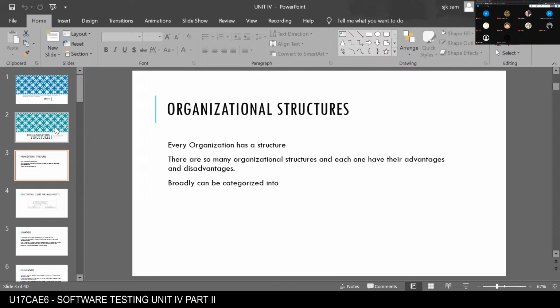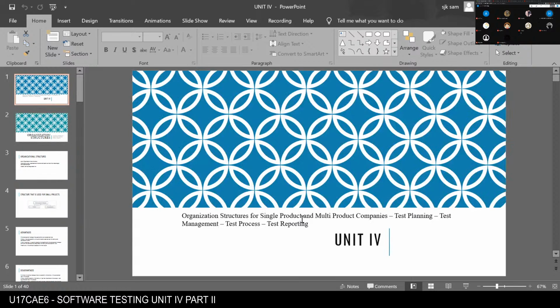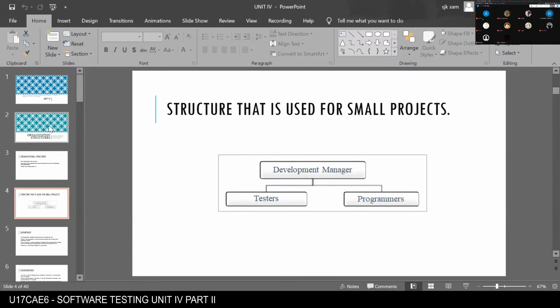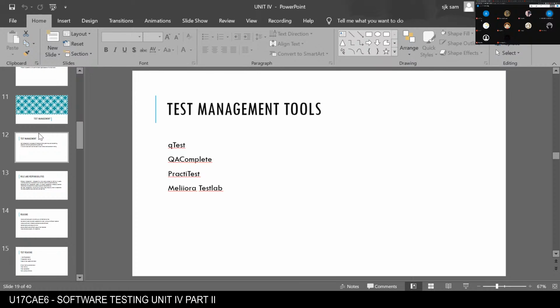Okay, so this is the syllabus for your 4th unit. So we saw organizational structures, which is this one. Okay, and test management we saw in the previous class. Okay, so test management tools, right?